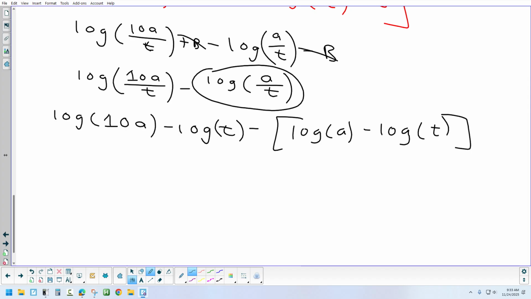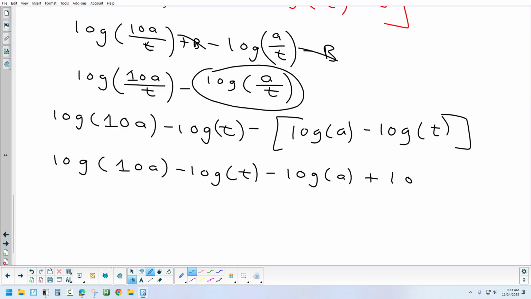What could I do at this step? Distribute the negative again. So now we have log 10A minus log T, and what do I get when I distribute the negative, Jackson? Minus log A plus log T. Perfect.